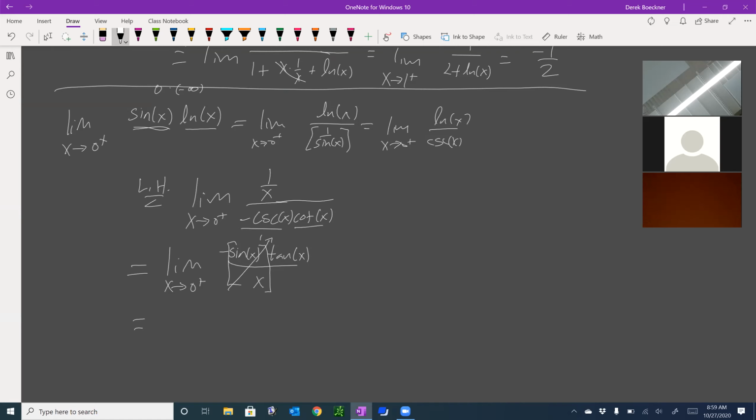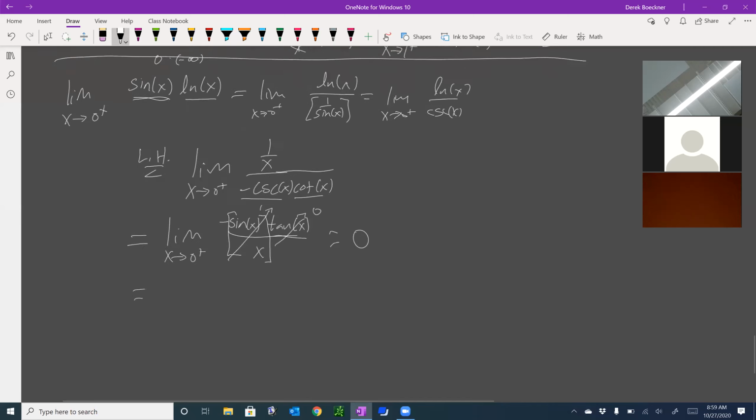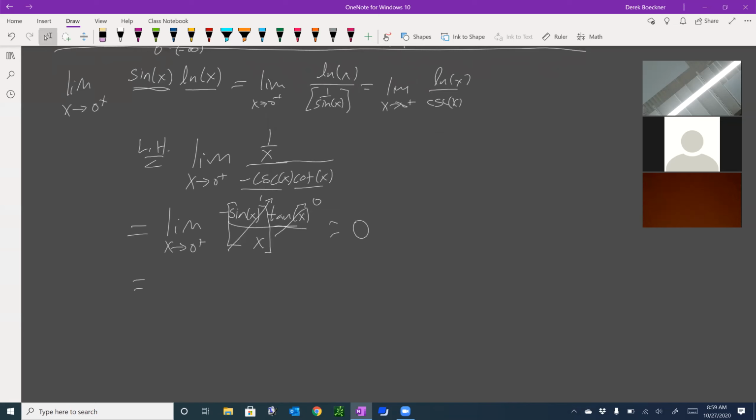And the tangent of 0 is 0, so this is going to go to 0. So a lot of times you have to do this algebraic manipulation with these things too.